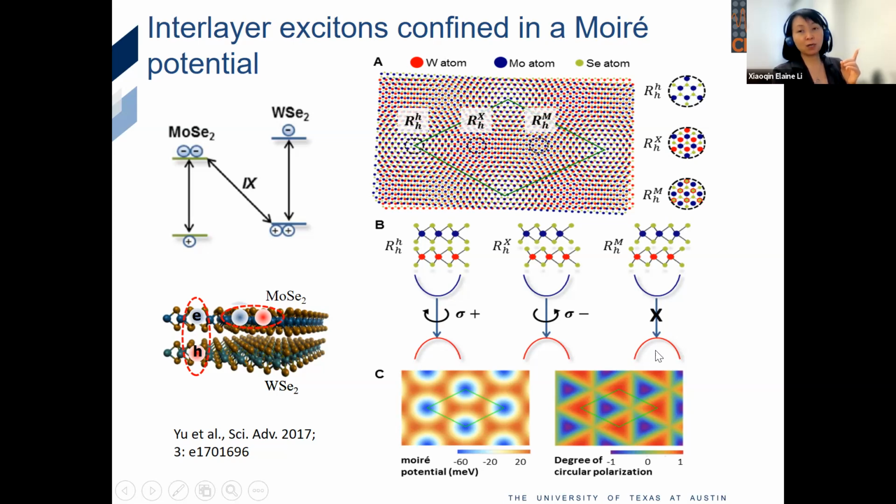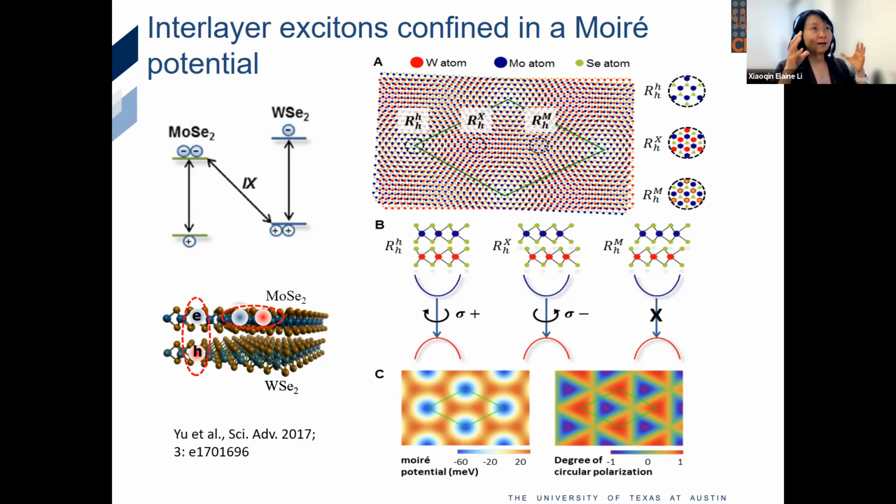In the third high symmetry point, I would actually have a dipole moment that's perpendicular to the plane and does not easily couple to the plane wave. So that is to say, not only do I have this energy modulation in the Moiré superlattice, I also have optical selection rule spatial modulation in the Moiré superlattice. And they couple to different chiral photons. As people in photonics know, of course, you can use chirality of the photon to encode information, right? So basically, we would have a checkerboard array of quantum dots with different helicity hosted in this Moiré supercell.